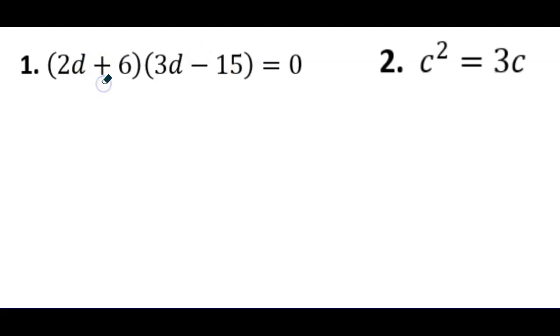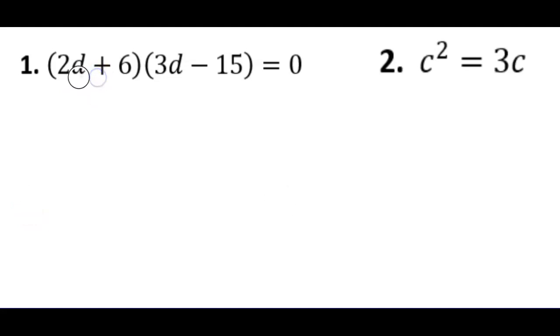They're going to be different, because 2 times something plus 6, what's this number going to have to be? If I'm going to add it to 6, what's this number going to have to be? Negative 6. So I can kind of figure this out in my head. This is going to be negative 3, but I'm going to show you how to do that algebraically, because it's important, because when we get big long ones, we're going to need to know how to do it.